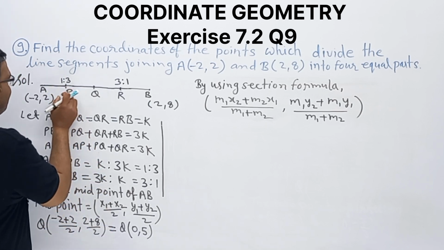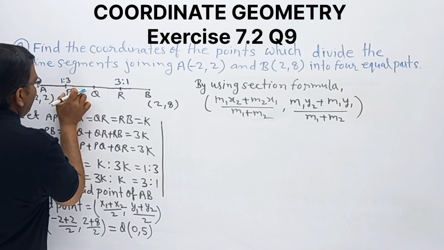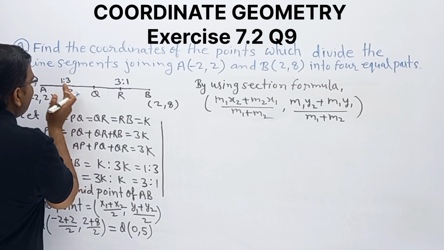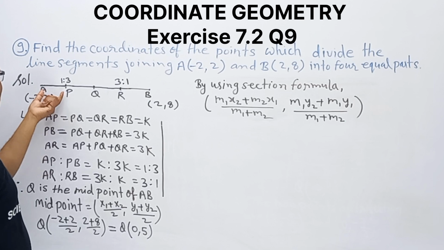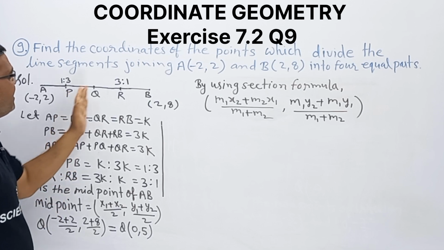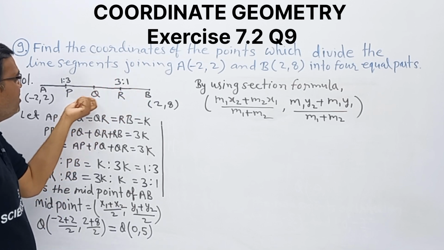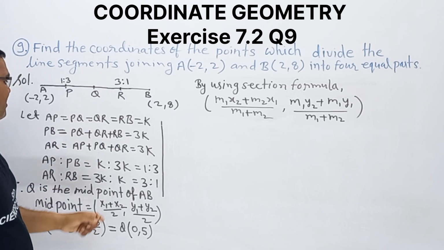Once we consider point P on this line segment, on its left-hand side we have this part, whose value we assumed as K, and on the right-hand side we have 3 parts. The sum of these 3 parts will be 3K.